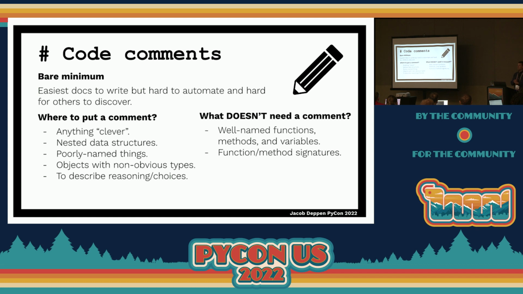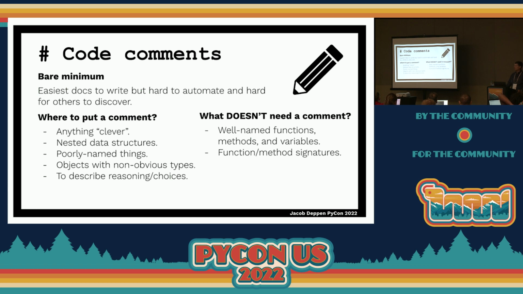Things that don't need comments: things that are well named already. Your variables that have a really nice name, or your methods or functions that have a really nice name, you don't have to repeat that. If they have a nice verb and action, what they're doing, that's fine, and they probably don't need to be documented that way.